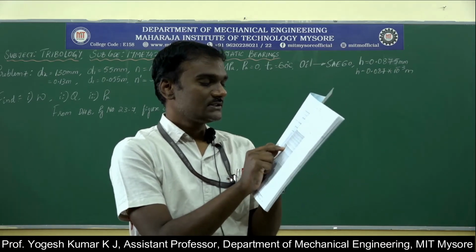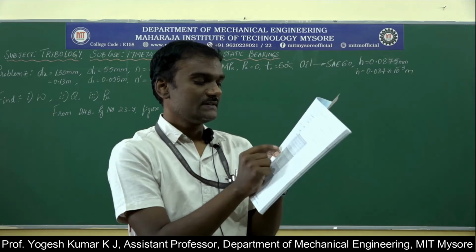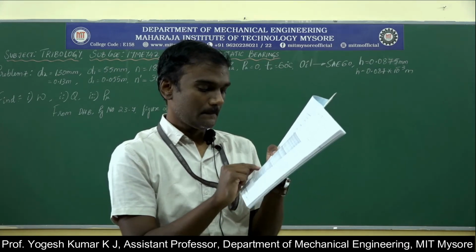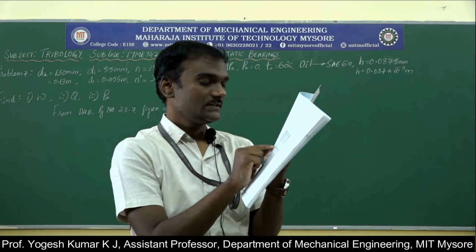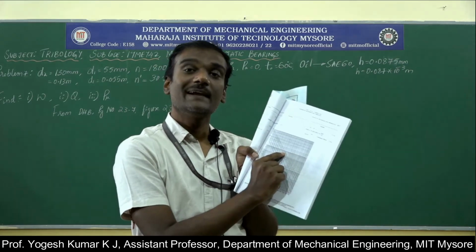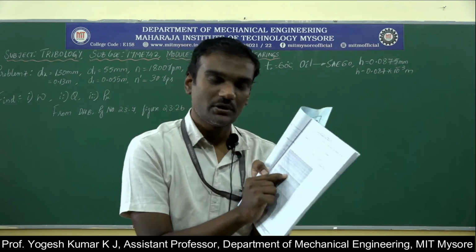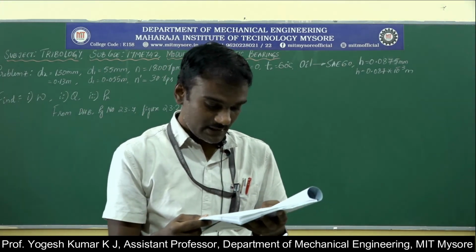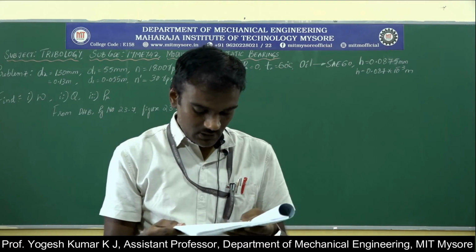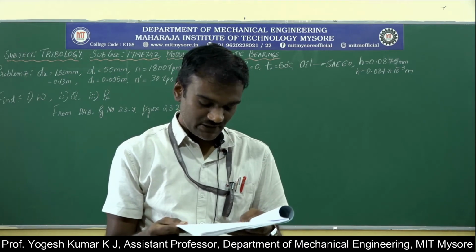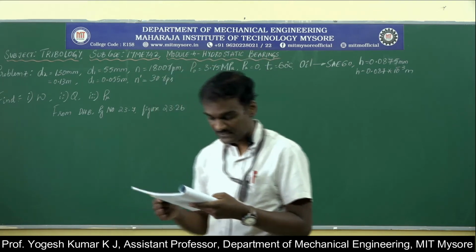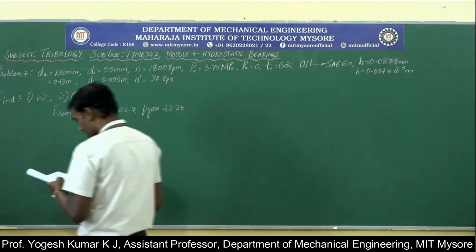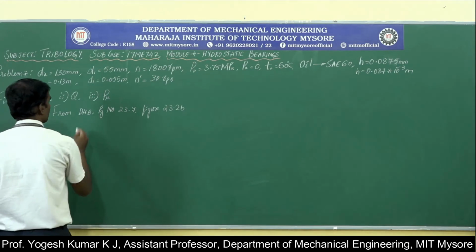It will just touch over here, SAE 60. So we will be ending up at this particular point. From this graph, for 60 degree centigrade, the viscosity of the oil will be 70 cP, that is 70 centipoise.